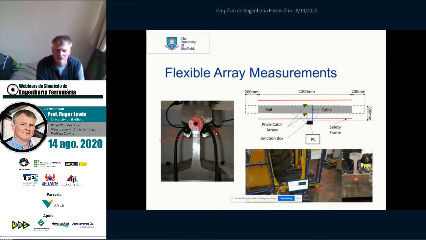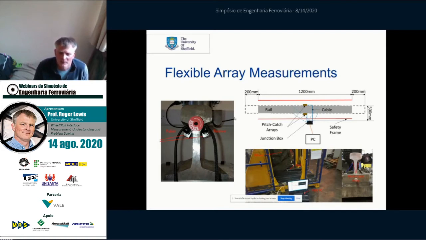So this is very different to the approach you saw before, where one transducer is doing the emitting and receiving. But this gives us the scope to go out into the field eventually, and that will be the next step for this work. But initially, we've trialled it on our full-scale rig again.